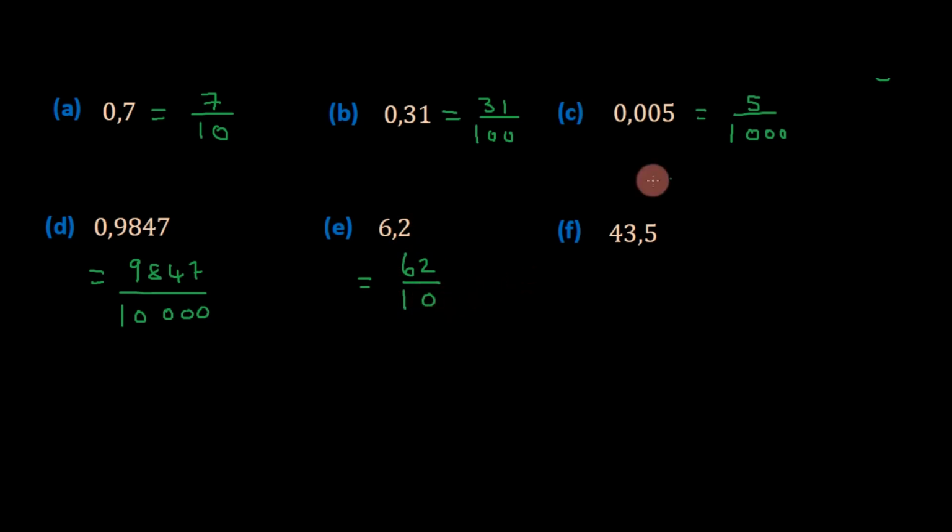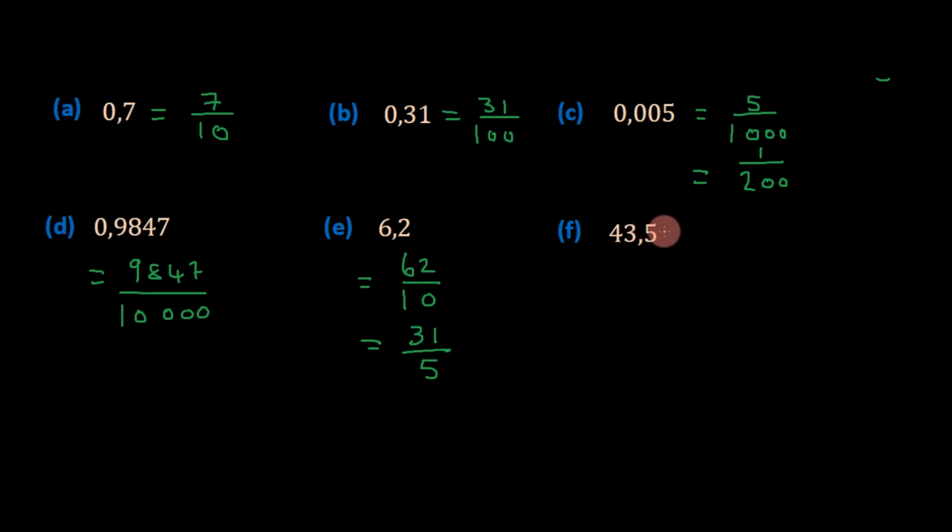And of course, we could simplify this. 2 goes into 62 31 times and into 10 5 times.